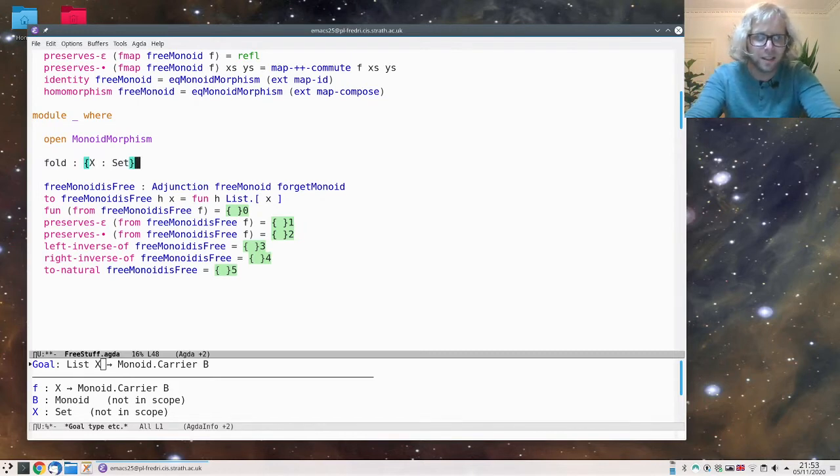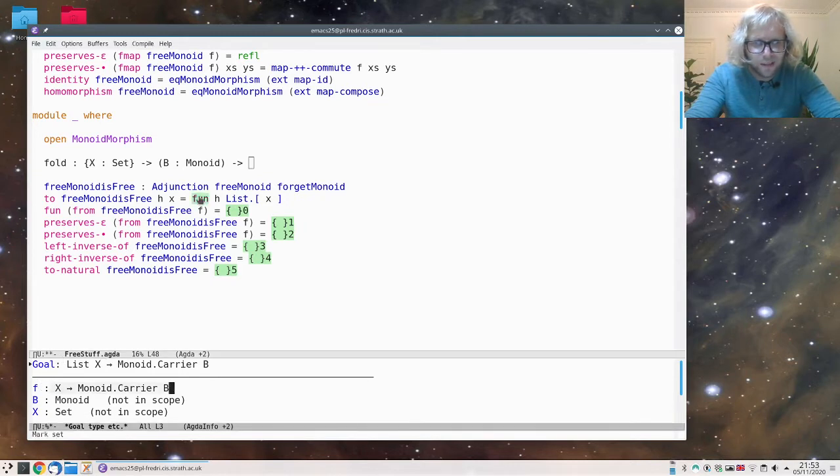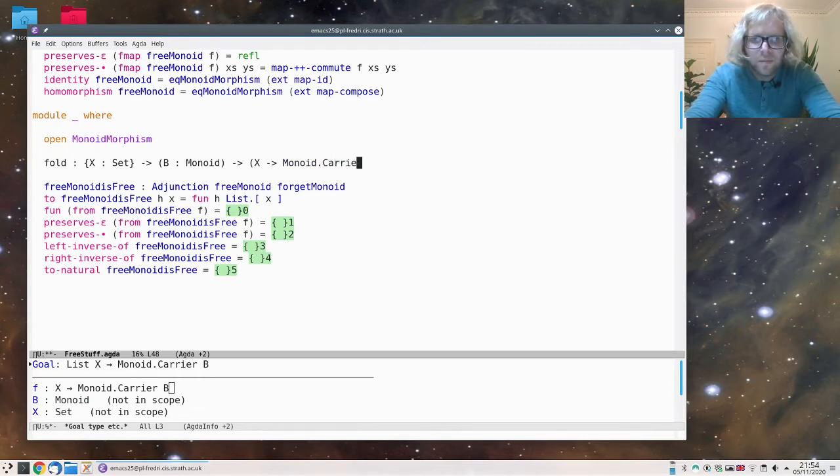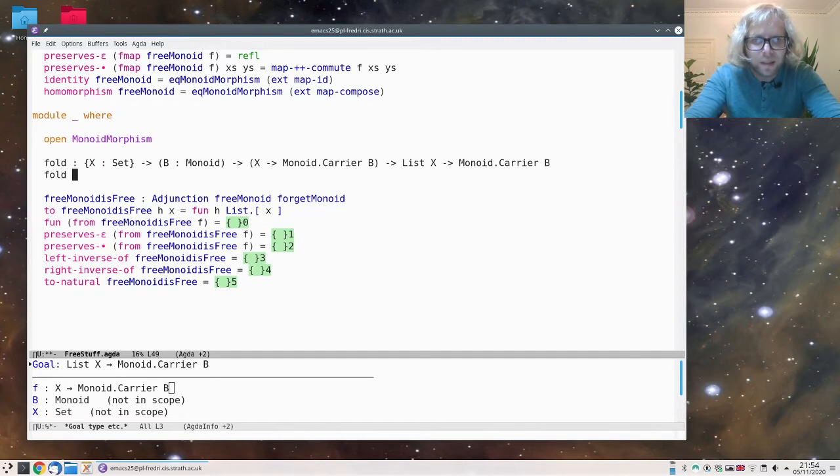So I have a set x and a monoid B, and if I have a way to turn individual elements into monoid elements, and if I then have a list of x's, then I can turn them all into monoid elements. That's my claim.